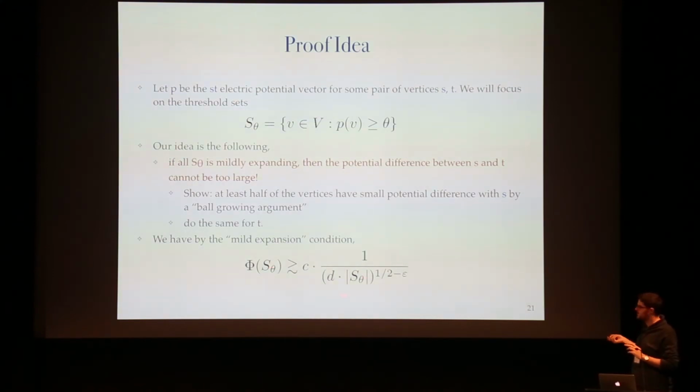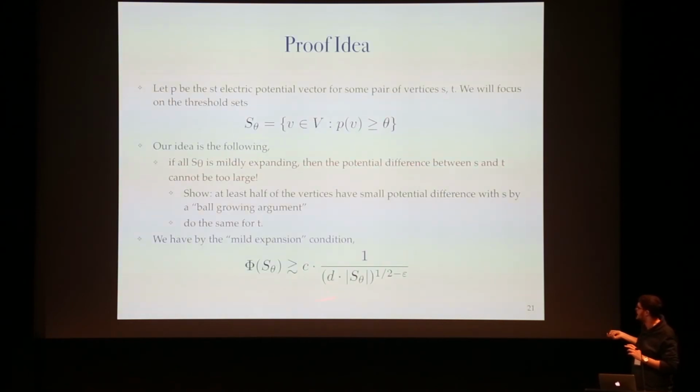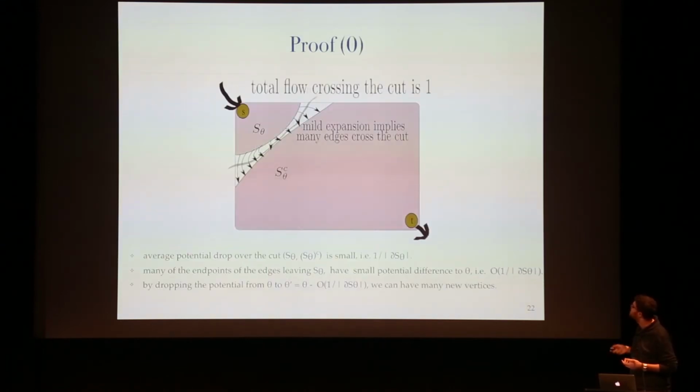And again, we're going to assume the same thing from here, that all these sets are mildly expanding, in that their expansion is slightly better than inverse square root. Essentially, these sets are objects that I can browse through just by solving a Laplacian system. This is where the algorithmic side of the result comes from.